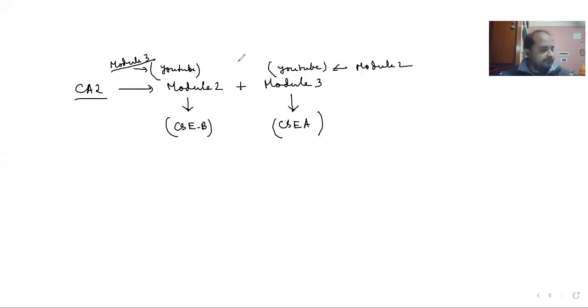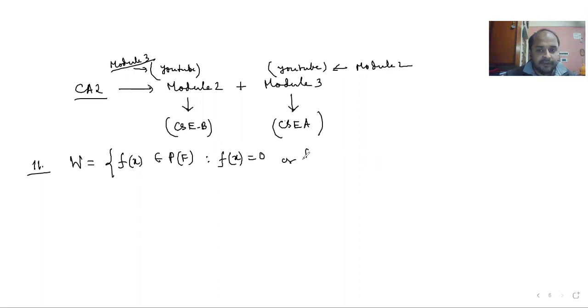One more thing before I finish today's session: about a problem I put in the CA1 examination. I gave you a problem where W contains the polynomials in P(F), where f(x) equals 0 or f(x) has degree n, with n greater than or equal to 1.